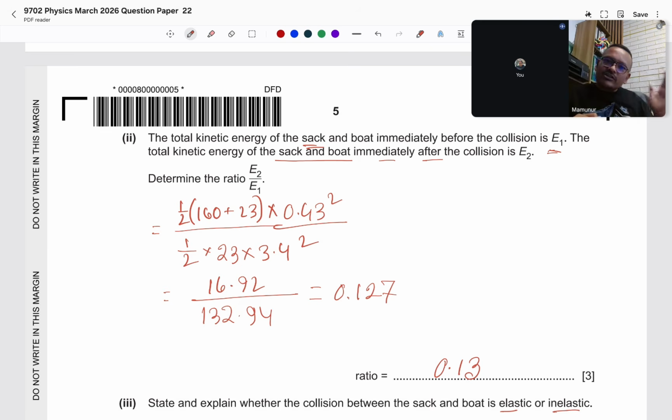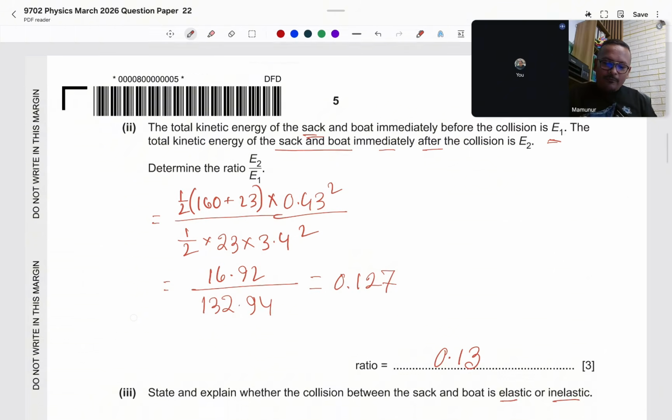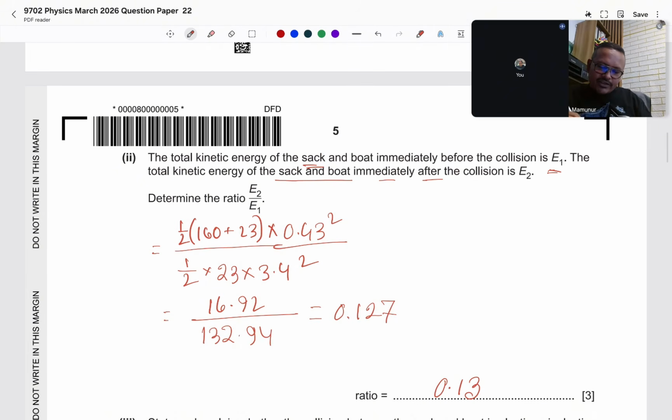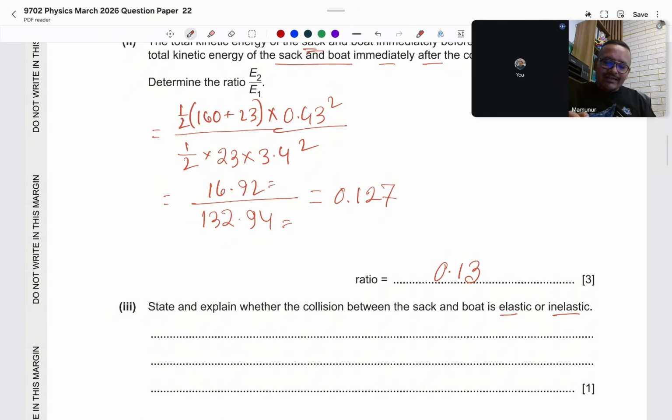If before collision kinetic energy is not equal to the after collision kinetic energy, the collision is inelastic. So here we already got the values. Before collision kinetic energy is 132.94. After collision kinetic energy becomes 16.92. They are not equal, so the collision is inelastic collision.